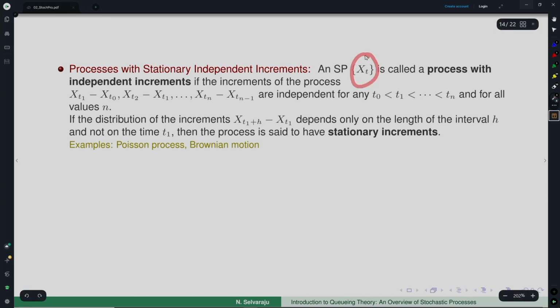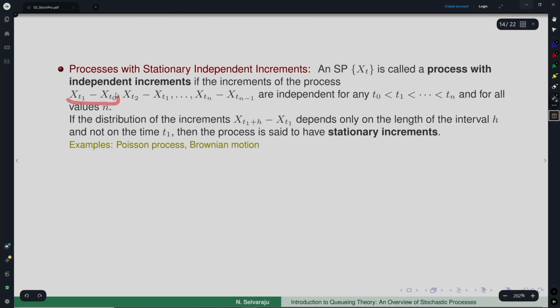You are looking at xt, you pick up the time points t0, t1, t2, t3 and so on up to tn, for all arbitrary n plus 1 time points of this nature. Now, you look at how the process has moved from t0 to t1, and t1 to t2, and t3 to t4 and so on.